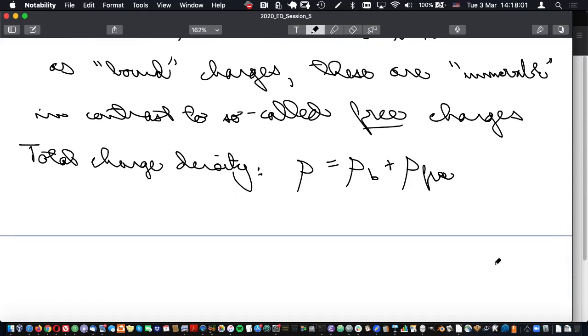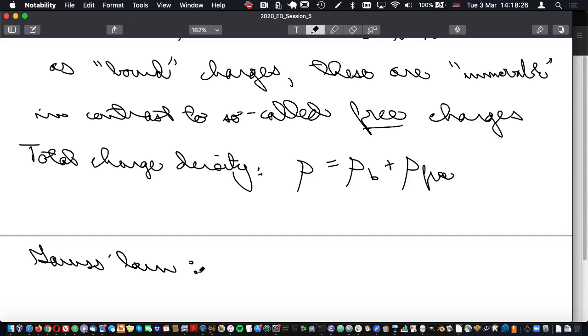Okay, now what we can do is go back to Gauss's law. And what did that tell us? Gauss's law tells us that the divergence of the electrical field is equal to the charge density divided by epsilon 0.